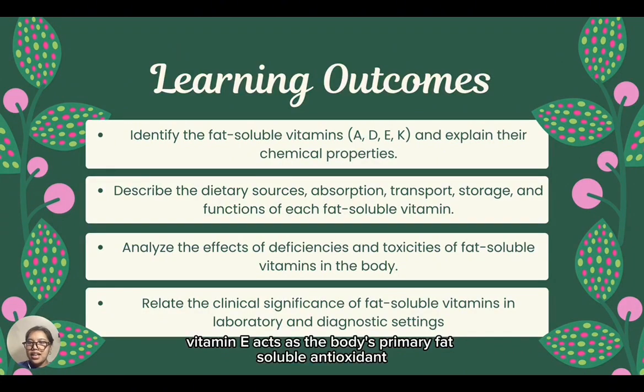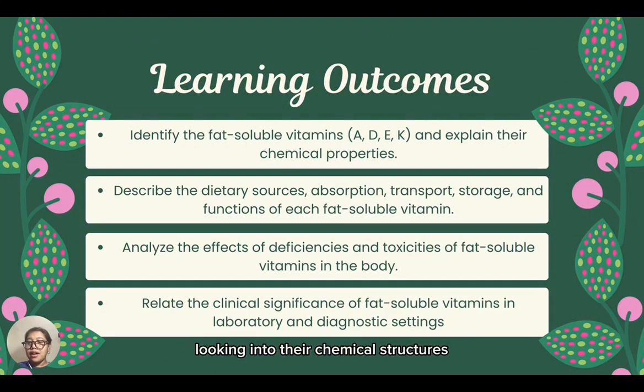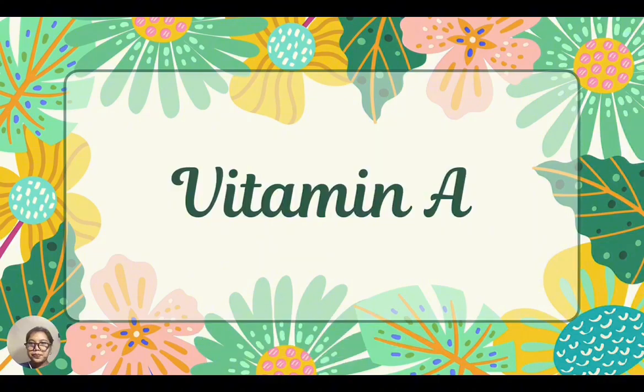Vitamin E acts as the body's primary fat soluble antioxidant, protecting cells from oxidative stress, and vitamin K is necessary for blood clotting and bone health. In this lesson, we will examine each of these fat soluble vitamins in detail, looking into their chemical structures, sources, absorption and metabolism, physiological functions, and clinical relevance.